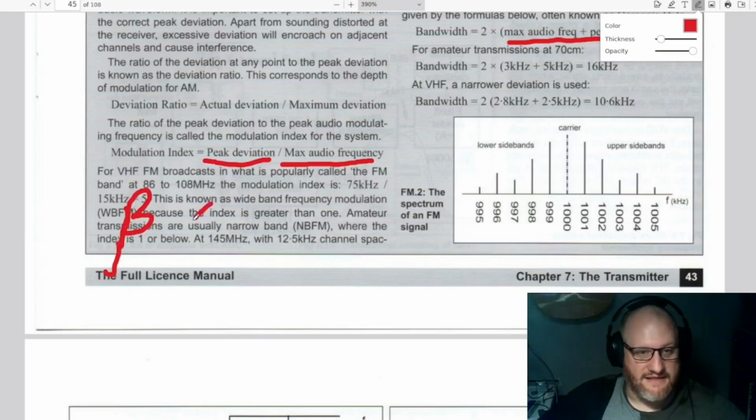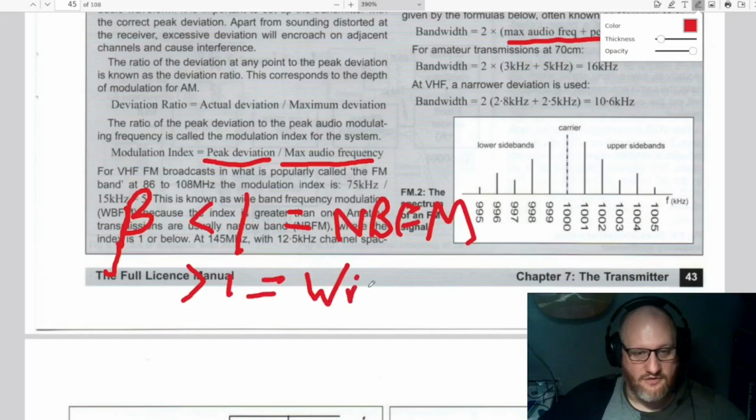When B is less than 1, that is typically a narrow band FM or NB-FM signal, and when it is greater than 1, we usually call that a wideband signal. So the modulation index is the ratio of the peak deviation to the maximum audio frequency.